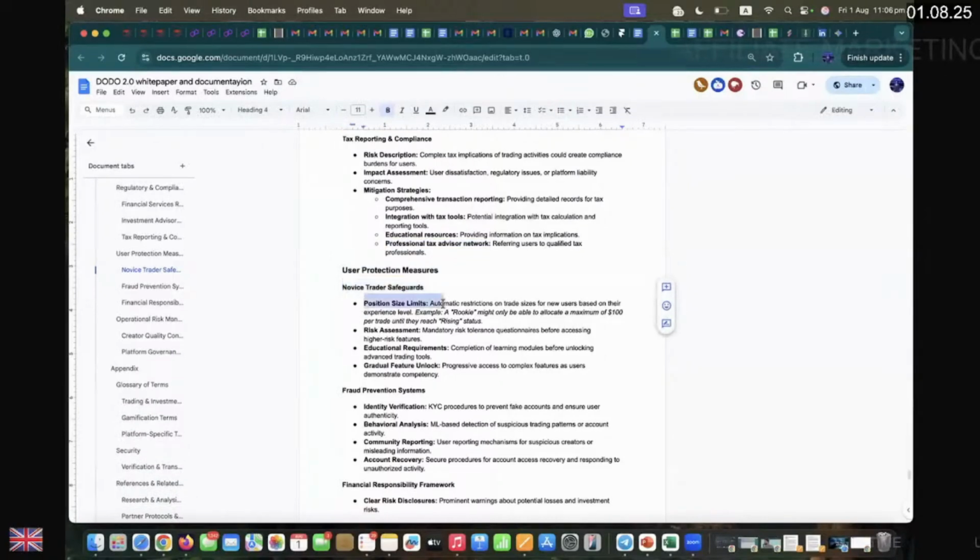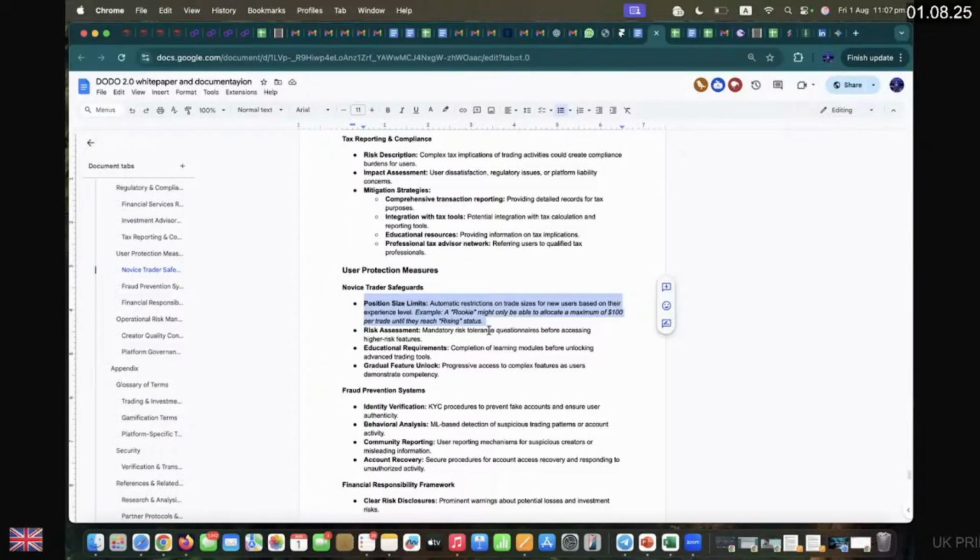Position size limits. So automatic restrictions on trade sizes for new users based on their experience level. A rookie might be able to allocate maximum of $100 per trade until they reach rising status. So we will be able to put safeguards on the basis of the levels of the investors also, that you cannot come in and put millions of dollars and lose like crazy.